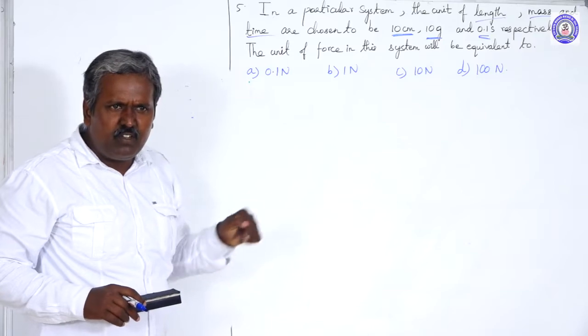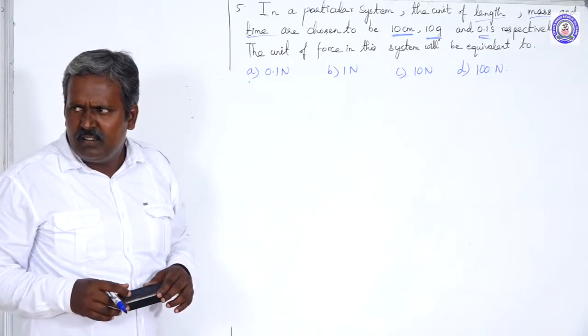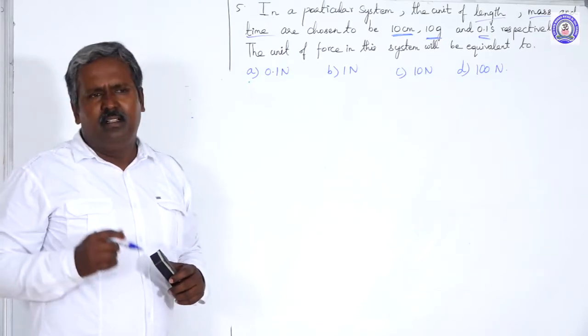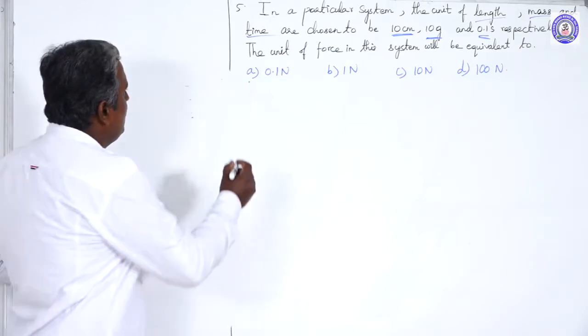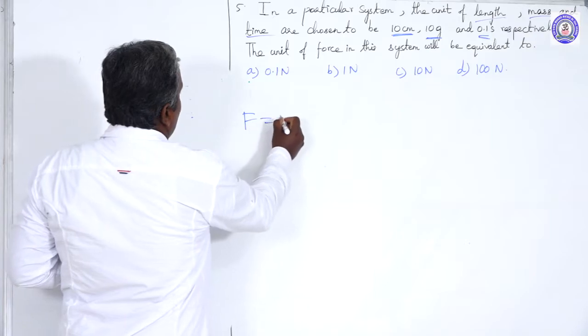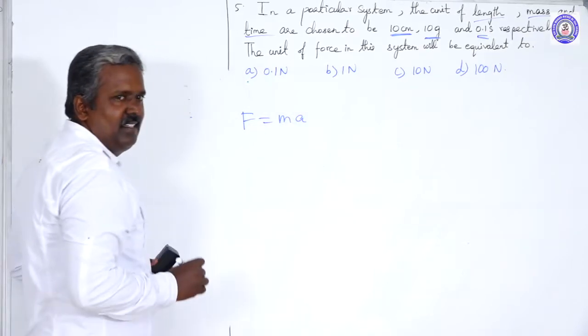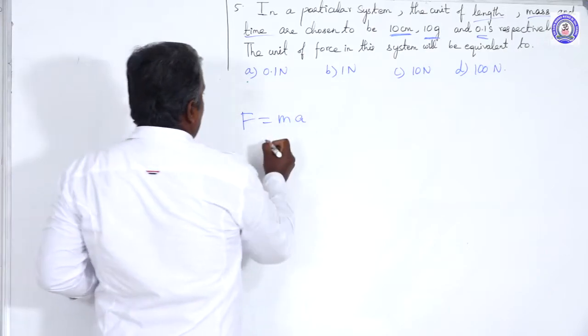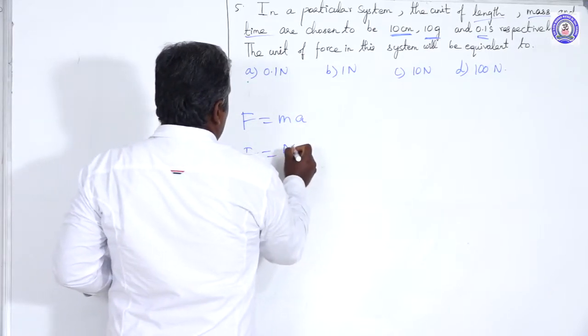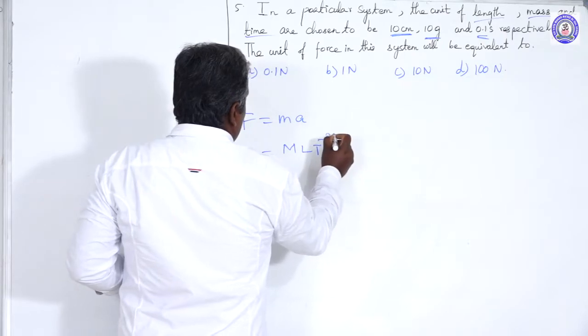N means Newton, no. Unit of force in MKS or SI. So first we should write the formula for force, F is equal to M A, and the dimensional formula also: F is equal to M L T power minus 2.